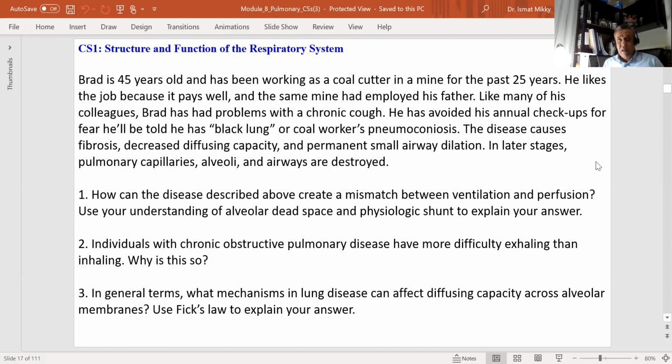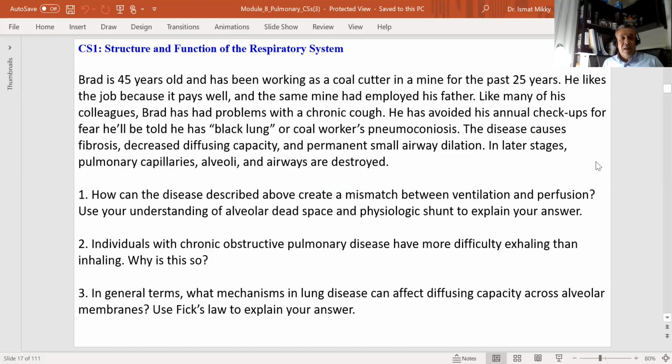I'm not even asking that you know this for exams or for the scope of this class, but it's just to know that Fick's law states that the volume of gas moving across the alveolar membrane in a given amount of time is proportional to the partial pressure difference of the gas in question, the surface area of the membrane, and the diffusion coefficient.